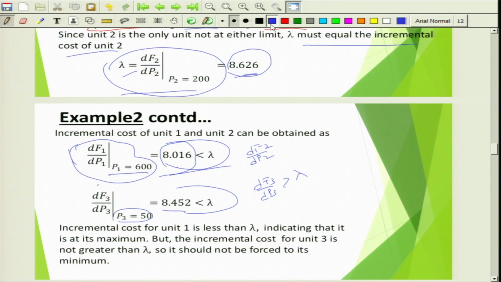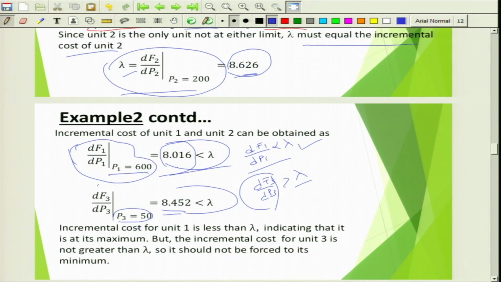That means this is agreeable with the maximum constraint. dF1 by dP1 is less than lambda, this is fine. Whereas dF3 by dP3 should have been greater than lambda, but it is coming out to be 8.452, which is still lesser than lambda.